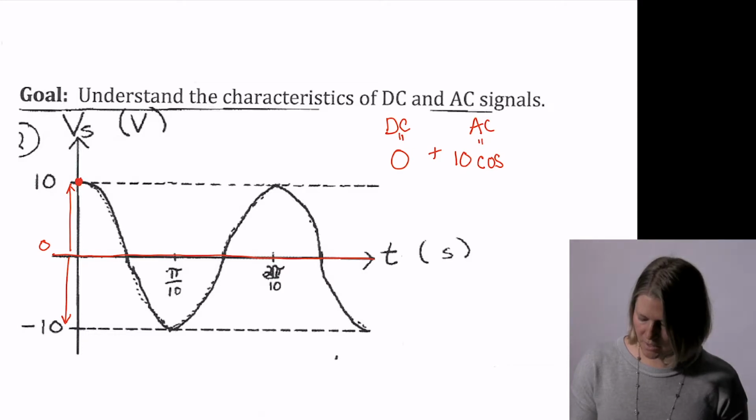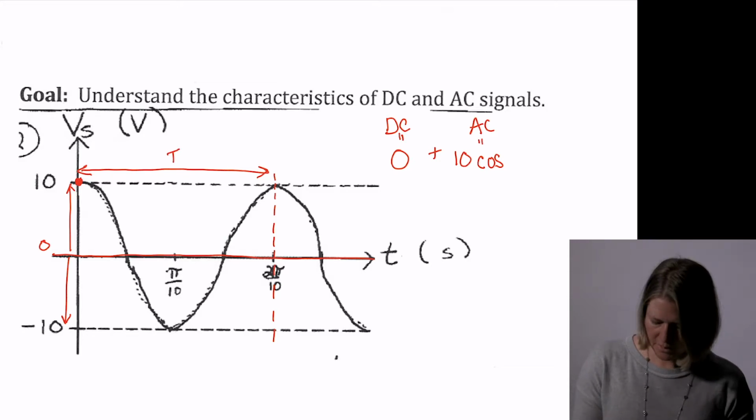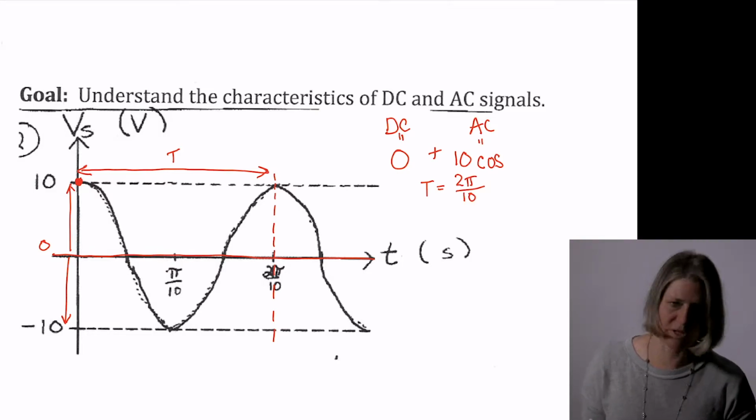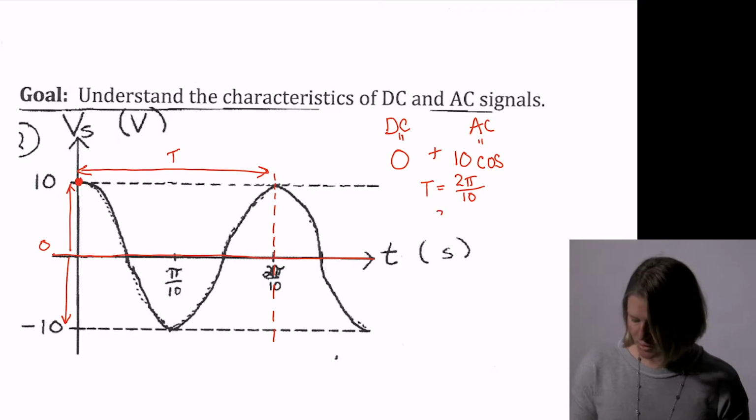and our omega is going to be found by 2 pi f, where f is going to be 1 over the period. And the period we can see here is going to be the point in time of where this repeats itself. So the time period T would be, in this case, 2 pi over 10.